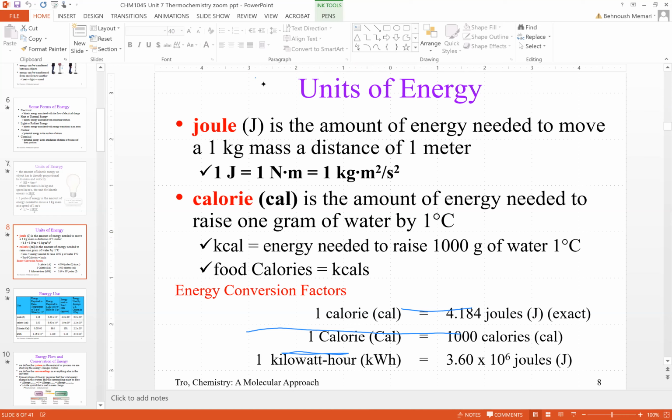If you notice, calorie is with a lowercase c. If you have a capital C for Calories, that actually equals a kilocalorie, and that's what is used for food calories. So instead of saying kilocalorie, they just use a capital C, which is like 1,000 calories.